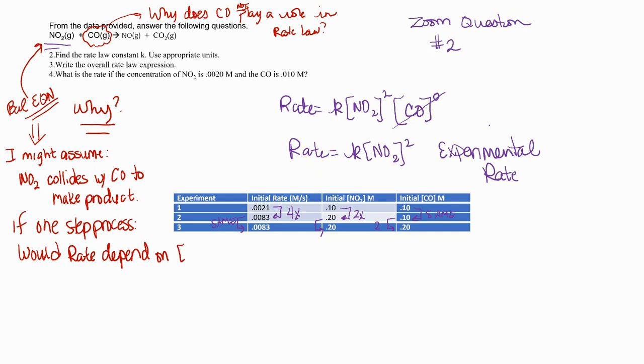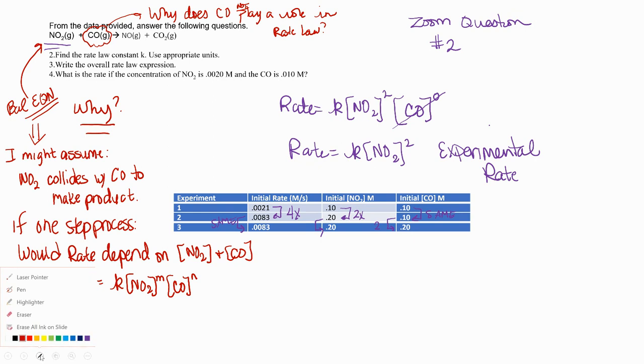Right? Wouldn't it depend both on NO2 and CO? So, in other words, we would probably think the rate law would include that CO in some form. So, it's more of a question format.